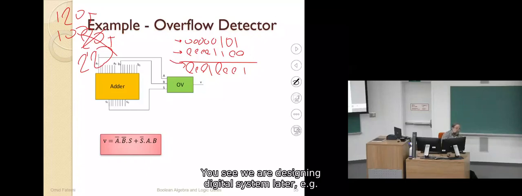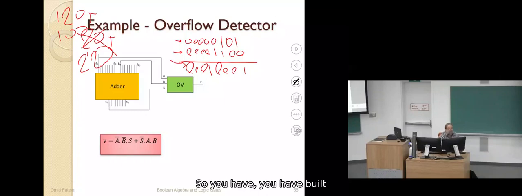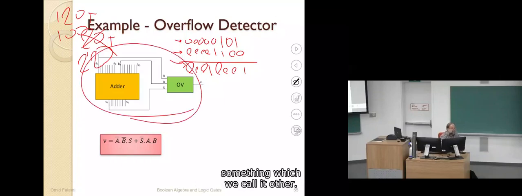You see, we are designing a digital system. Later, for example, it will be used in a computer. In a computer, you have written a program, and in your program you need to add two numbers. So you have built something which we call an adder, and the adder gets two numbers from you and adds them together.